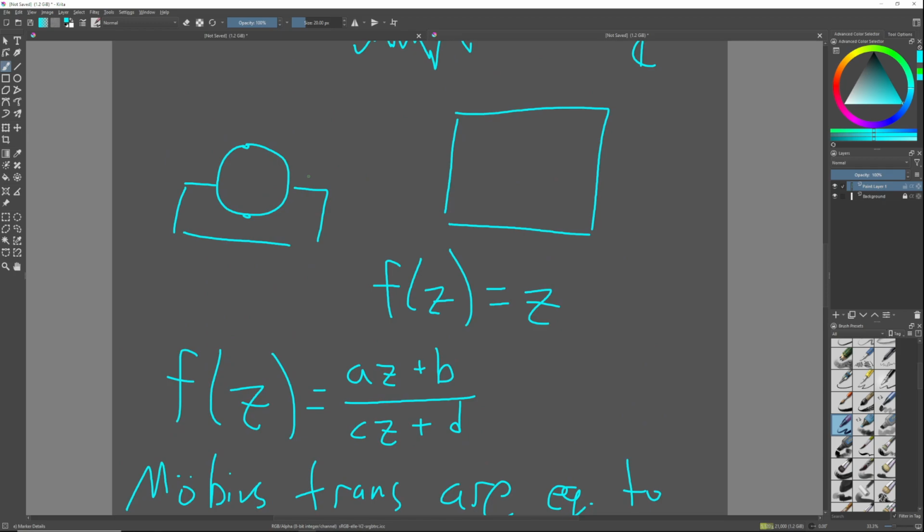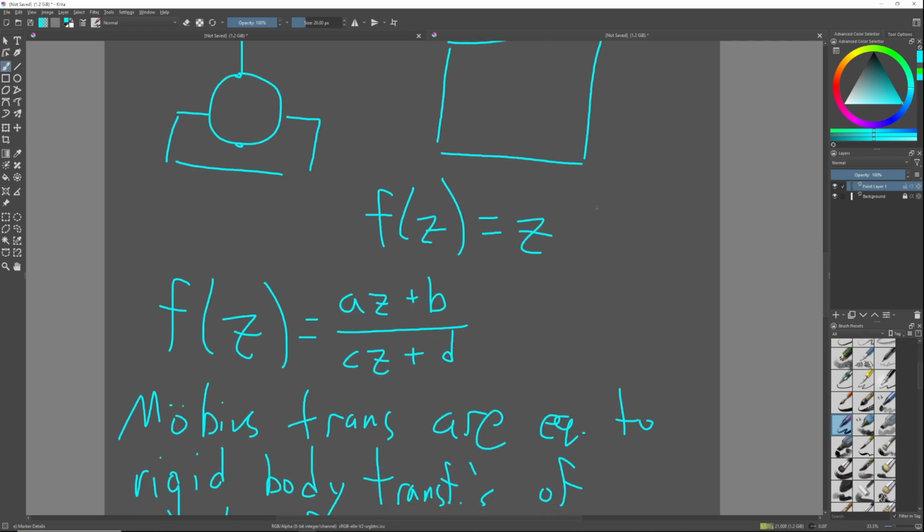And you get a Mobius transformation. So there's a one-to-one correspondence, one-to-one mapping between rigid body transformations of the Riemann sphere and Mobius transformations. So, I mean, scaling acts as just taking the sphere and lifting it up, or shrinking it, I guess, or just moving it down. Well, I don't know how that works. I have to think about it.